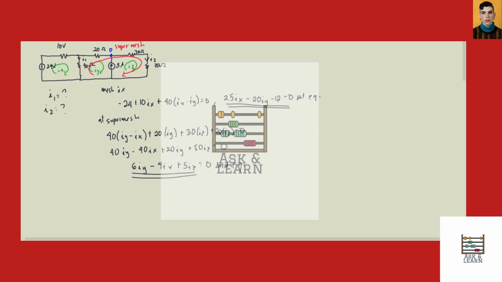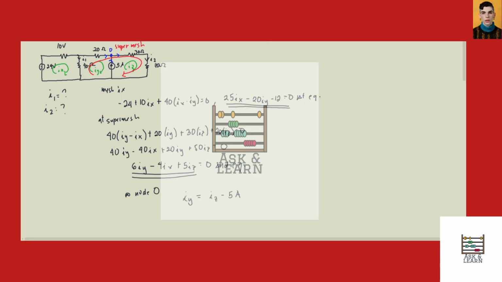So at node 0, the junction rule gives us I1, or Iy, is equal to Iz minus 5 amperes, since Iy here is to the right and Iz is to the right and the 5 amperes is upwards.